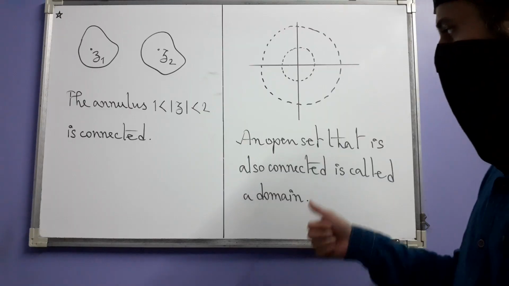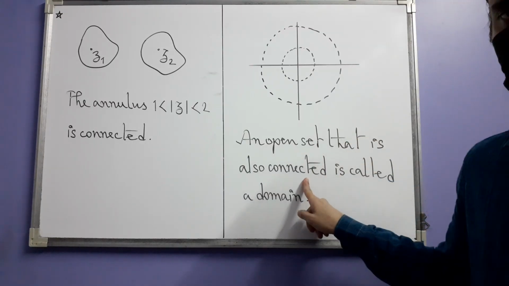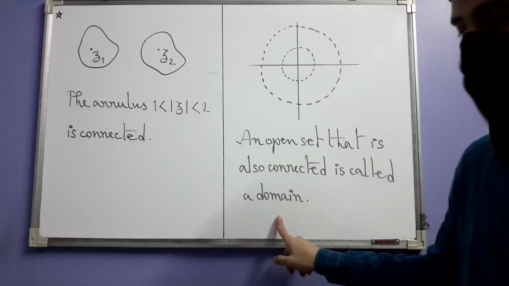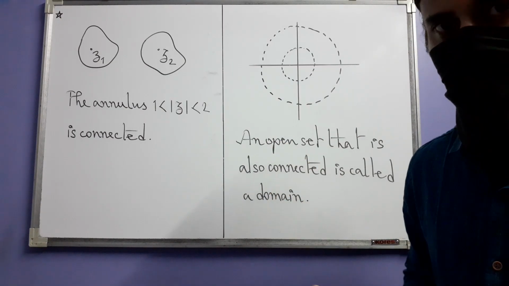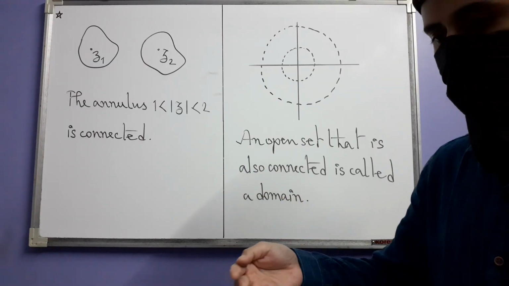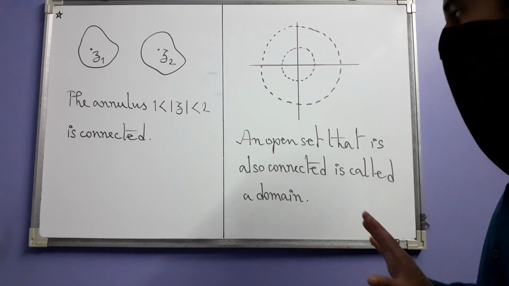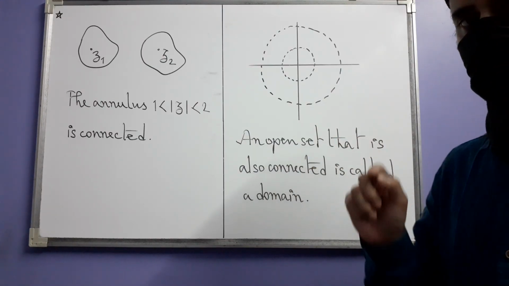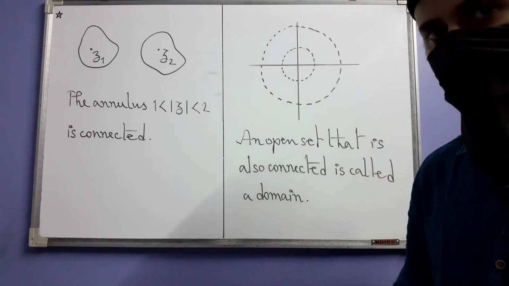And then we have this other definition. An open set that is also connected is called a domain. Here this word domain in complex analysis has a specific meaning. It's not exactly that domain that you find in function theory, that is the domain of a function. It's different. A domain in the complex plane is an open set that is also connected.